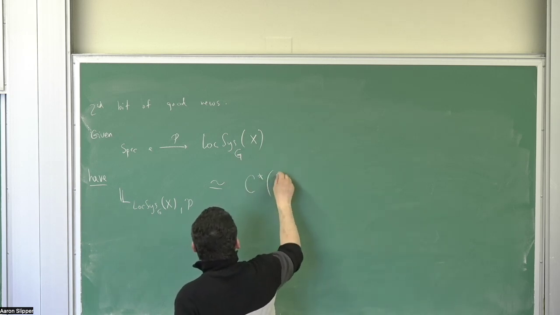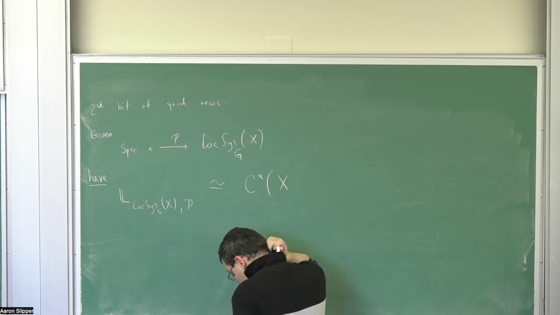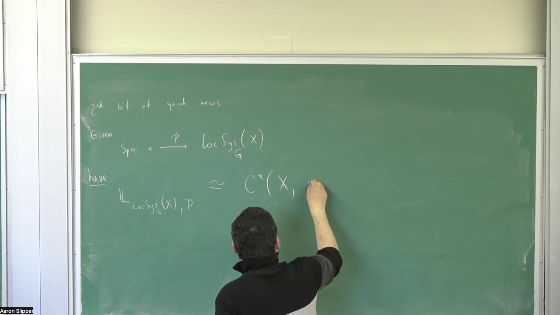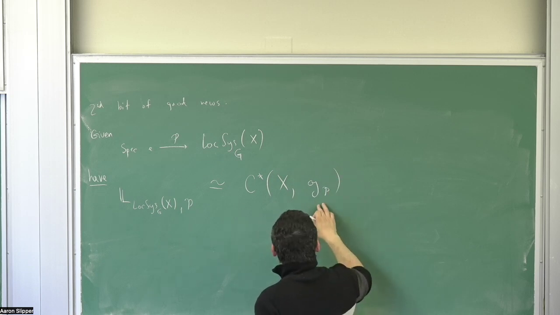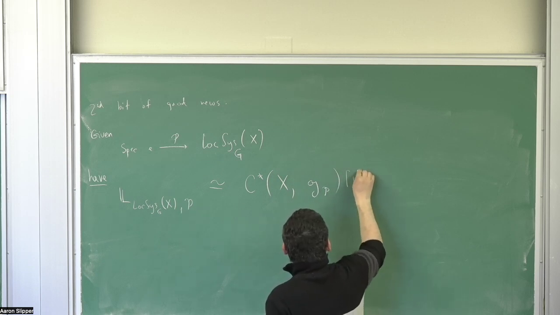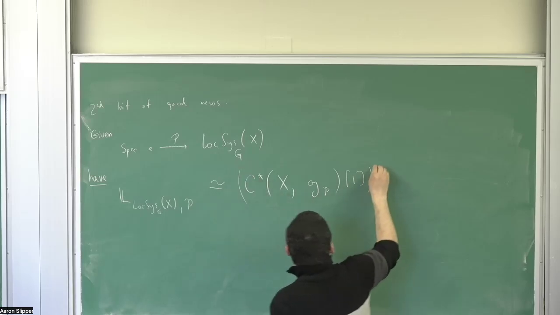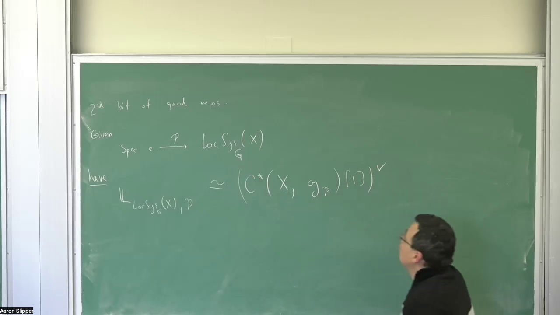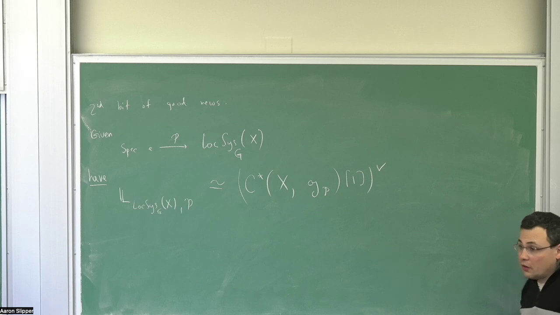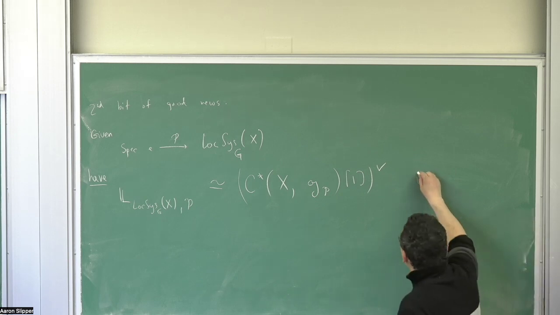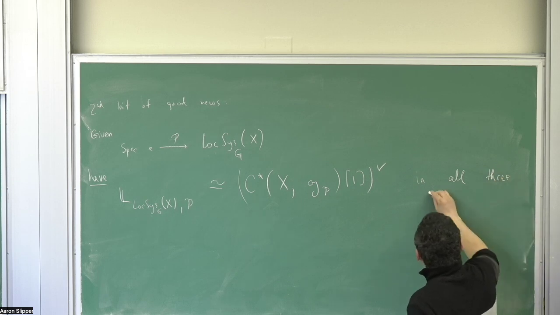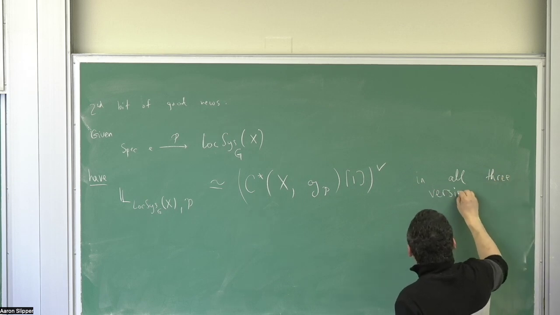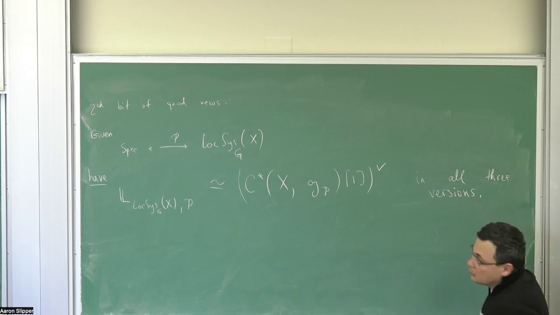It's cochains, it's this thing in all three versions. Let me try to explain this formula for a second.